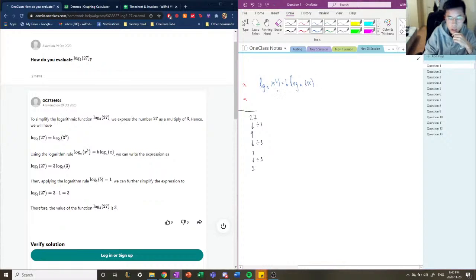If we have an argument which has a power in it, we can take that exponent and move it outside and multiply it to our logarithmic expression.